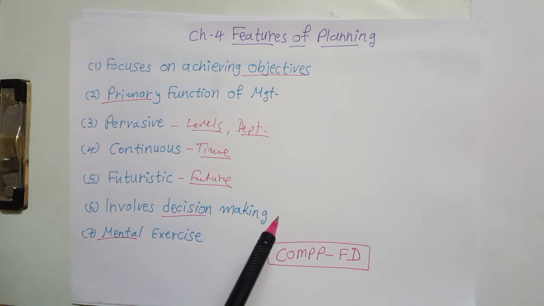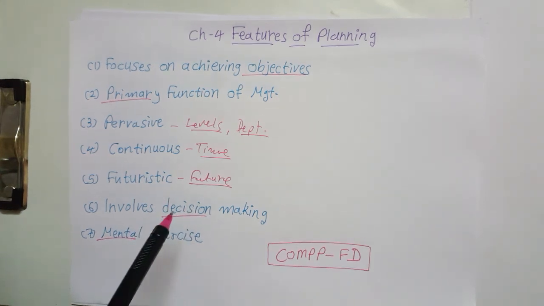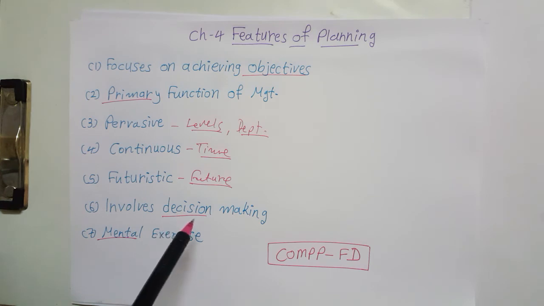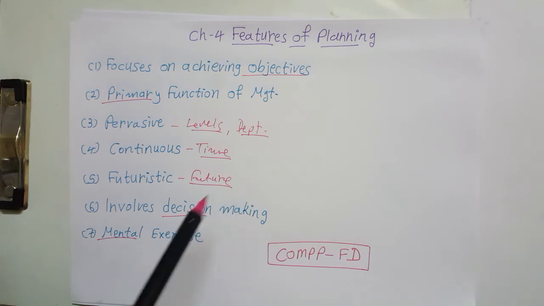Whether to use these resources for the first function or the next function, that decision we are taking in the stage of planning. Whenever you are doing the course of action, at that time we have to take the decision in which way we have to use these resources. This decision is taken in the stage of planning.